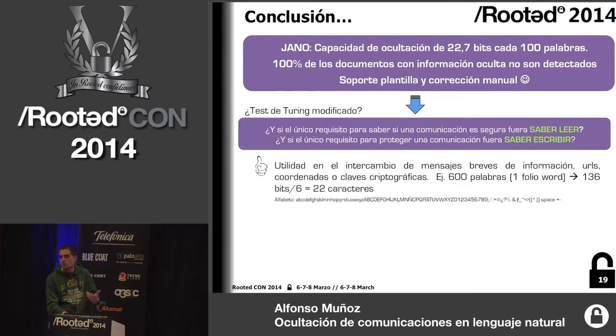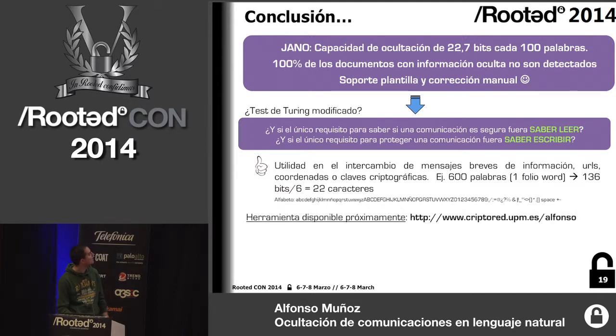And just by knowing how to read and write, when you have the tool, you can really make your communication more secure. And if you make a quick calculation, because this is limited in size to short messages, for instance, a post or a text with between 100 and 600 characters, you can send out cool things like URLs, IP addresses, GPS coordinates. So, cool things, okay?